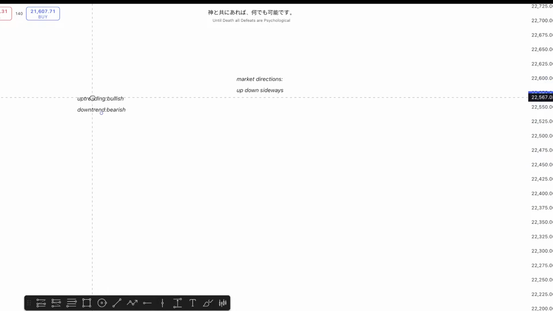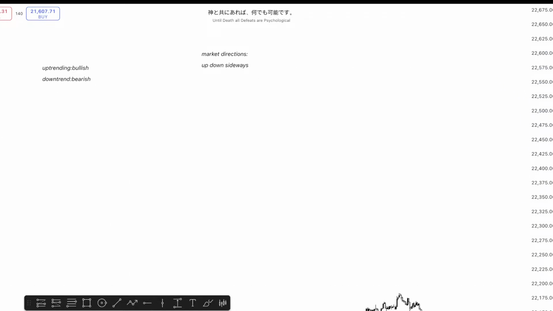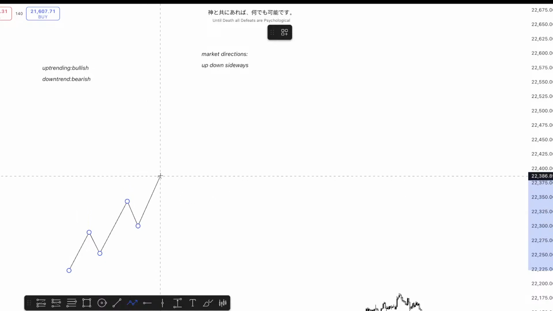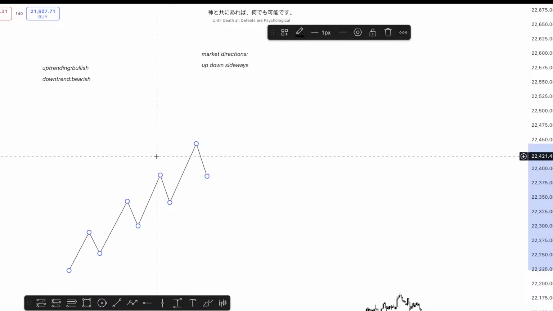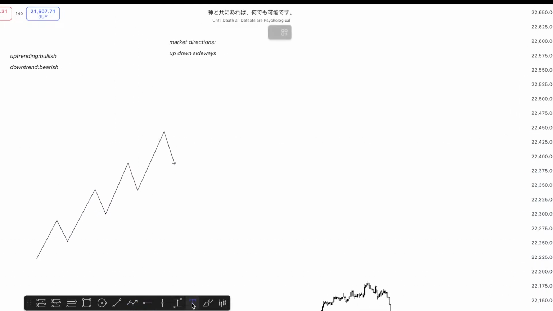So uptrending means bullish. Downtrending means bearish. Okay. Now, when we have an uptrending bullish market, the market is going up like this. When the market is doing this, this is called market structure. Now this is an uptrending market here.